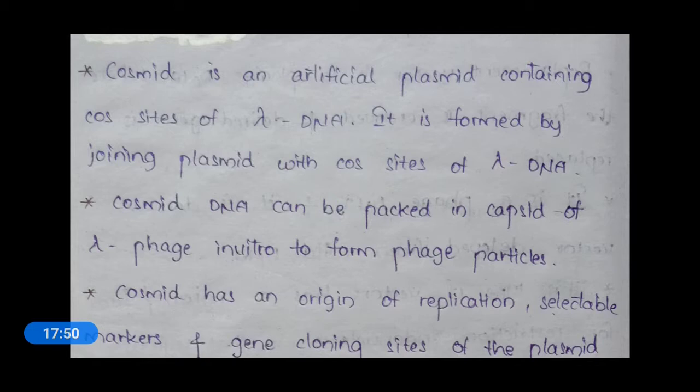This cosmid DNA is packed in the capsid of lambda phage in vitro to form phage particles. This cosmid DNA will be packed in the lambda phage capsid to form in vitro phage particles.